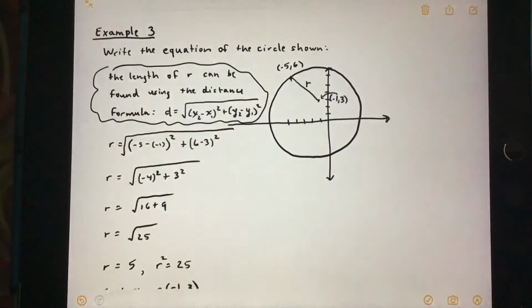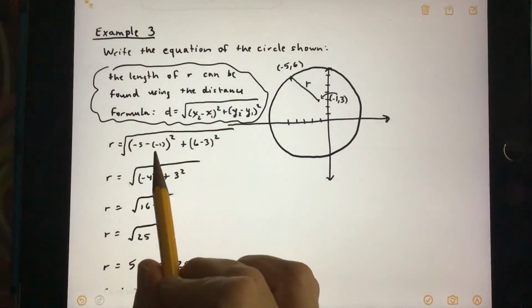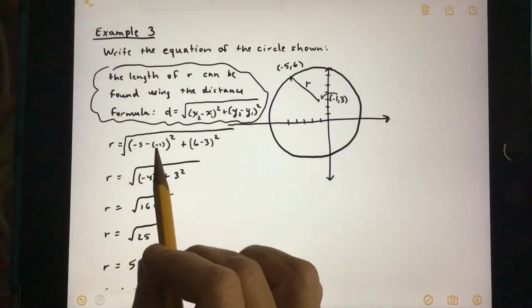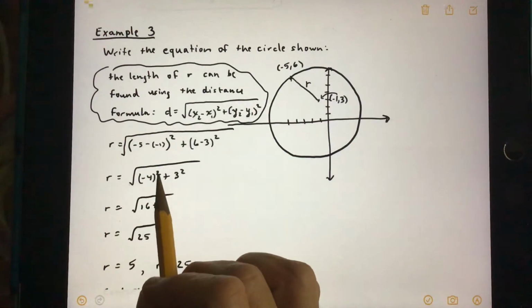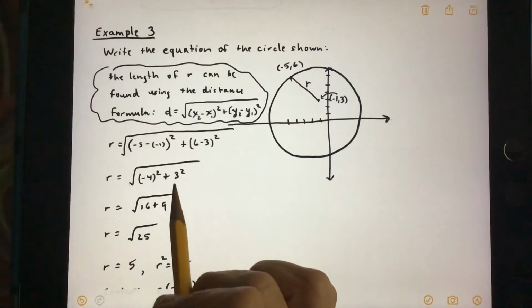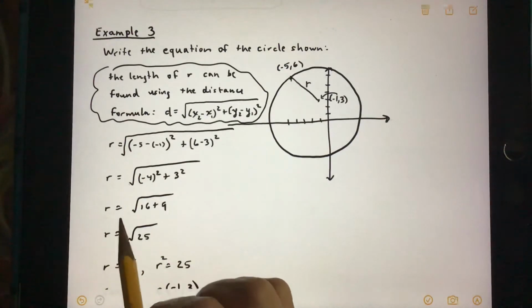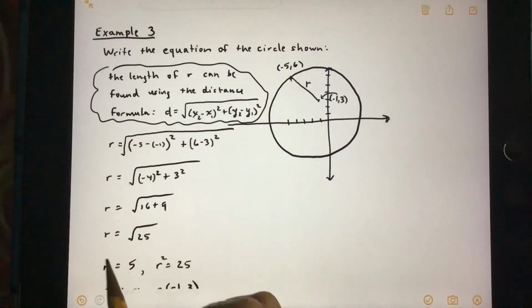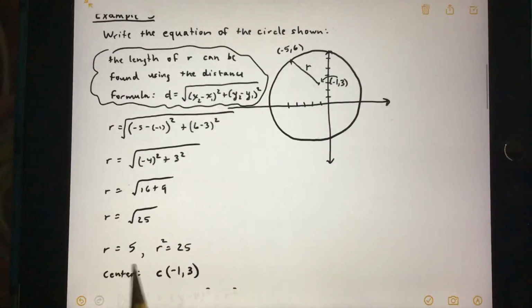That's here, squared. All right, now I'm going to work that out and simplify it. So minus a −1 is the same thing as adding. So −5 plus 4 is −4, which I still square. 6 minus 3 is 3, so I have 3 squared. That gives me r is equal to radical 16 plus 9. That gives me r is equal to radical 25, and the square root of 25 is 5. My radius squared would be 25 then.